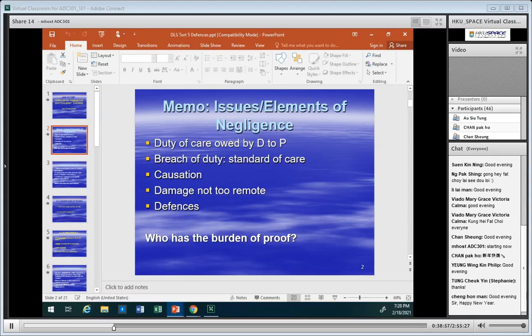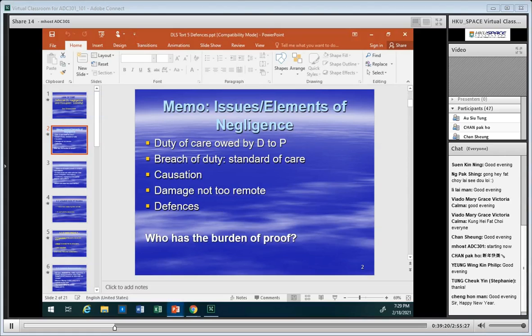Okay, so I mentioned those 2 cases now. They are both relevant to breach of duty and both relevant to the defence of contributory negligence. So good value cases, if you like.